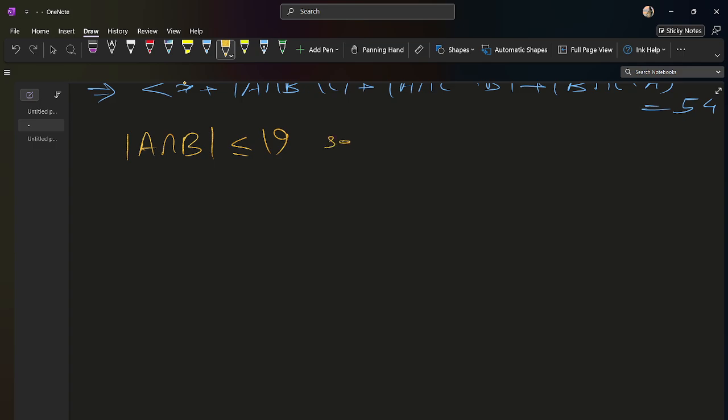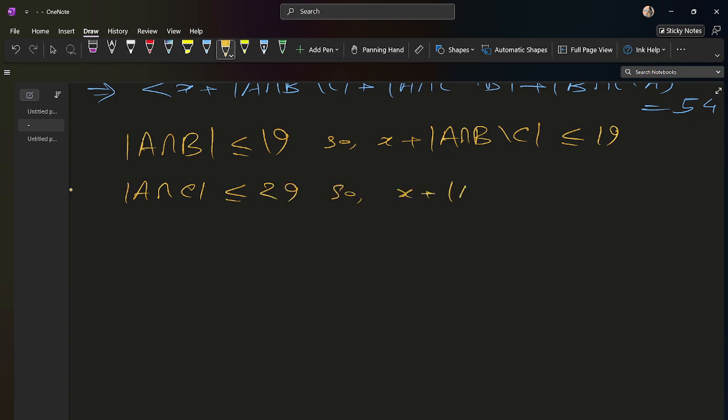So x plus this is at most 19. Then A intersection C is less than or equal to 21, so x plus A intersection C minus B will be less than or equal to 29.